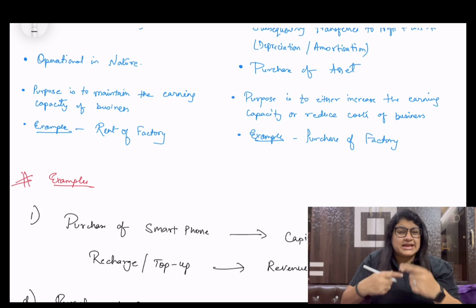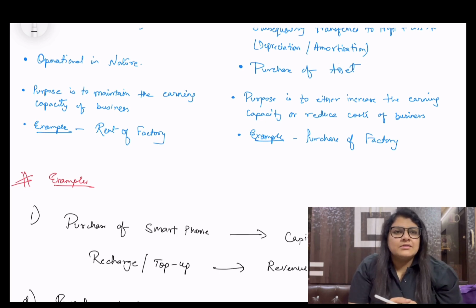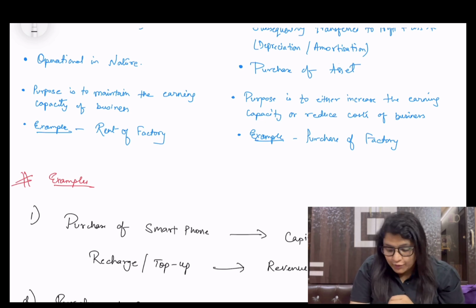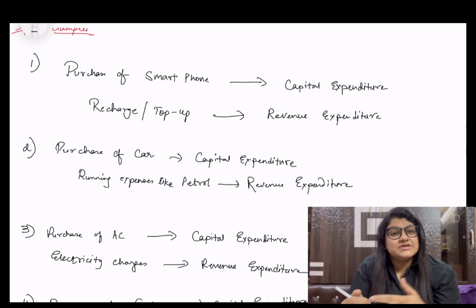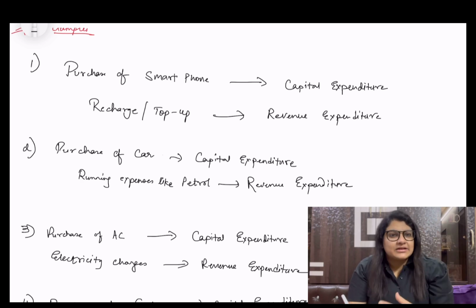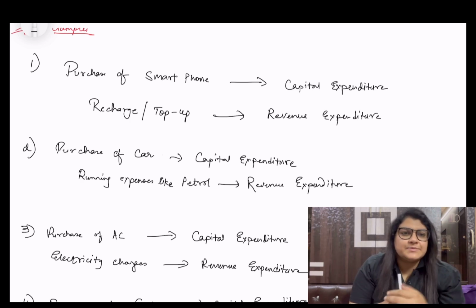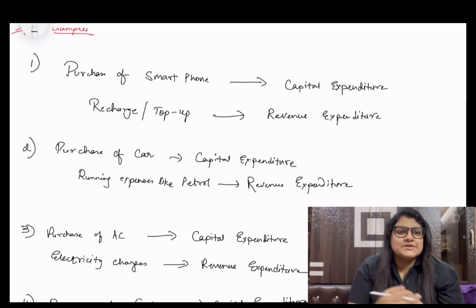But the day-to-day petrol expenses, the running expenses, the maintenance and the servicing, that is revenue expenditure. And if you buy an AC, capital expenditure. But the electricity charges behind that, revenue expenditure. Buy a factory, buy a machine, capital expenditure. Renting a factory, renting a machine is revenue expenditure.